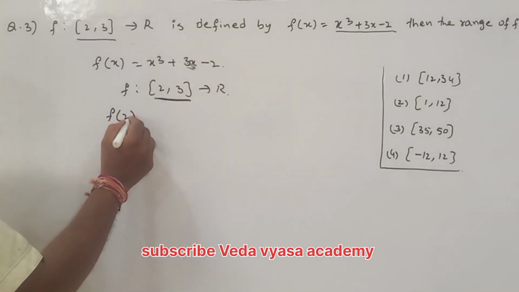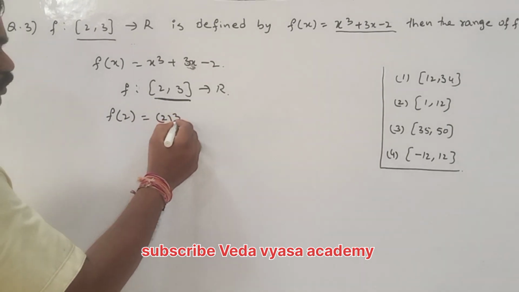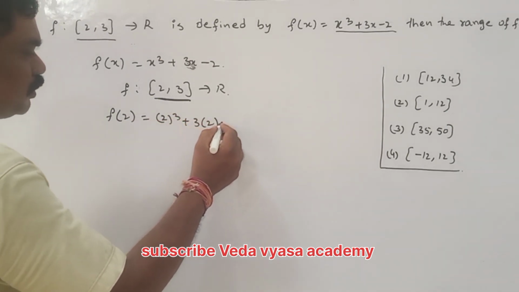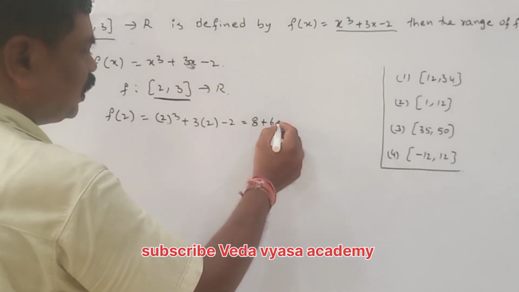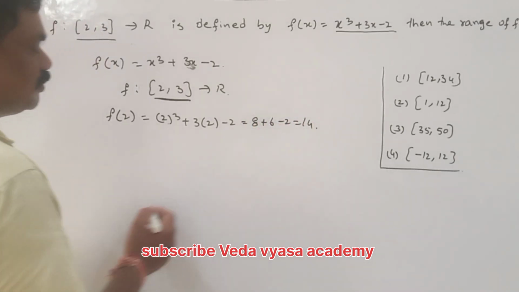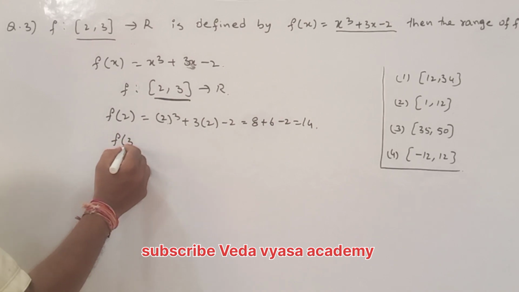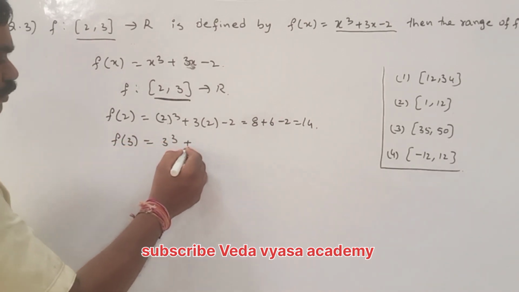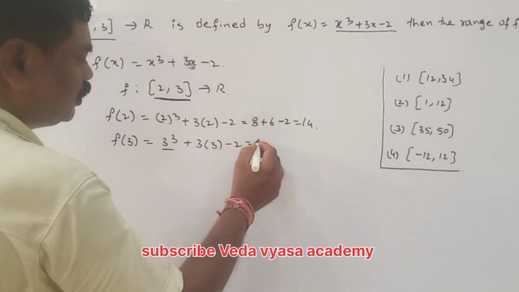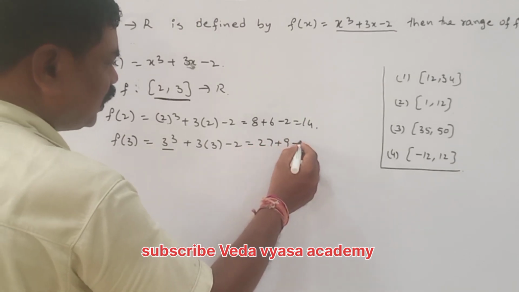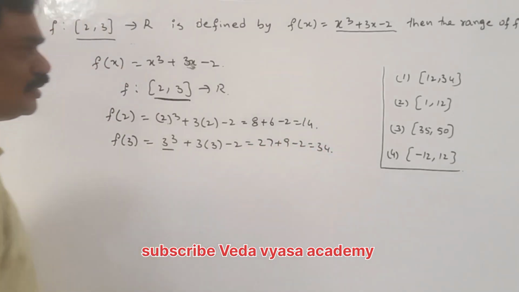So f of 2 is equal to what? 2 cube plus 3 of 2 minus 2. This is 8 plus 6 minus 2 is equal to 12. F of 3 is equal to what? 3 cube plus 3 of 3 minus 2 is equal to 27 plus 9 minus 2 is equal to 34.